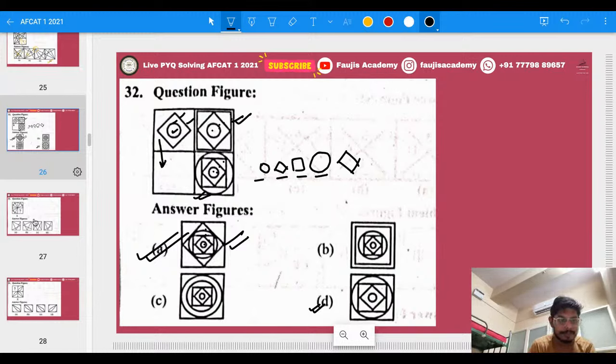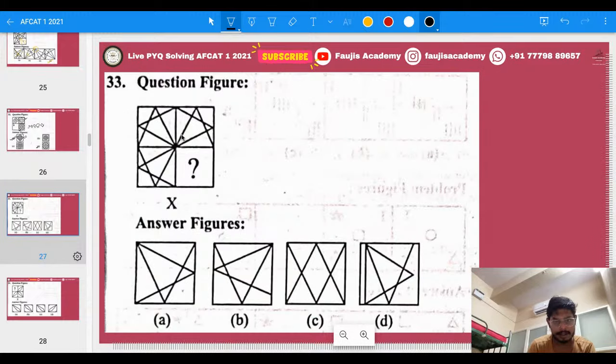All right, Kavita, maybe you can correct this one. Obviously C is not the answer, B is not the answer, and D is not the answer. What is the answer for 33? Option A is the answer.